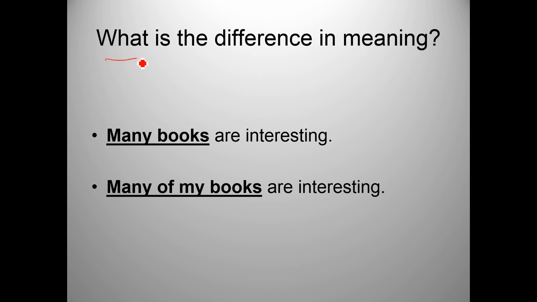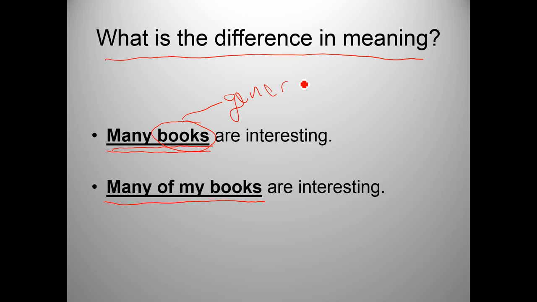First, what's the difference in meaning between the two sentences? Many books are interesting. Many of my books are interesting. In the first sentence, books is general. And in the second one, many of my books, books is more specific.